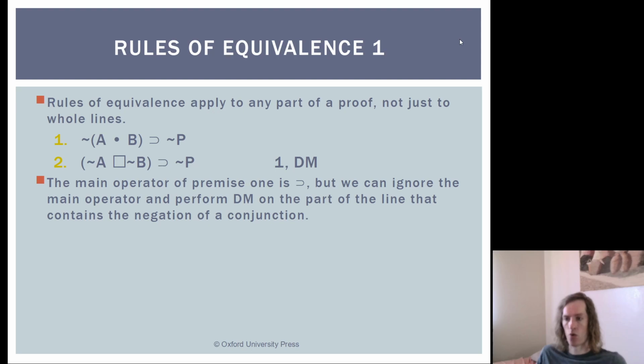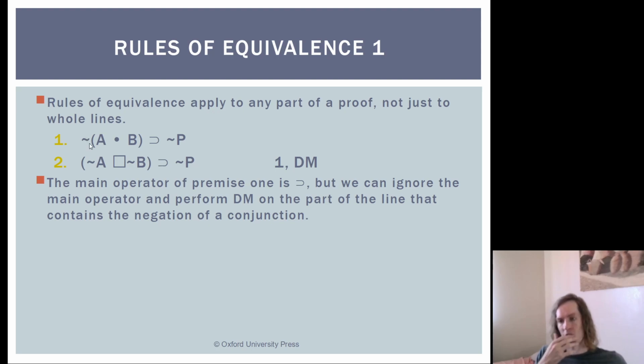But we can apply De Morgan's to line 1 and get, in the second case, if it's not the case that A, or it's not the case that B, then it's not the case that P. One thing to pay attention to is where the parentheses are here.